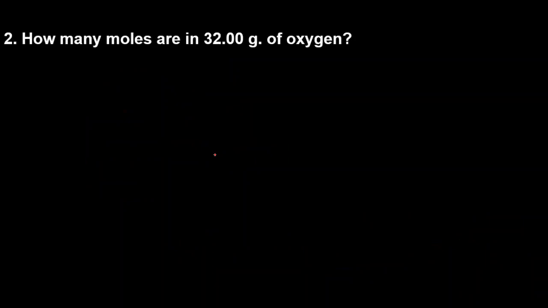Let's go to number 2. How many moles are in 32 grams of oxygen? The same process. We need to identify the molar mass. Again, the molar mass is equal to the atomic mass, so the numbers are equal. If you go to your table of elements, you would see that the mass of oxygen is 16 grams. So that's the molar mass.